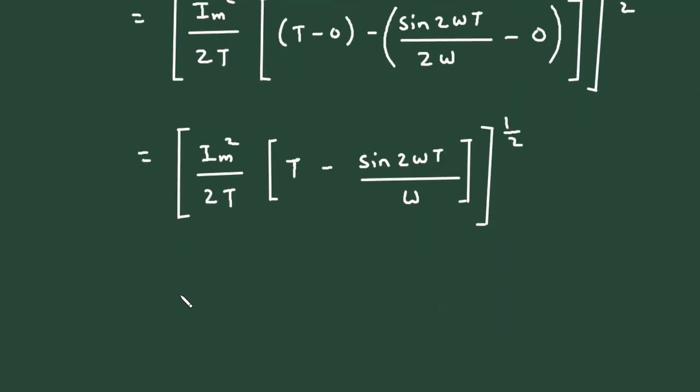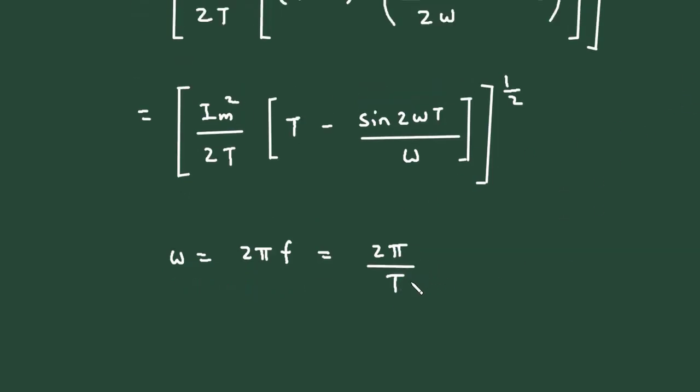Now we know that omega is equal to 2 pi f, and f is equal to 1 upon T. So omega is equal to 2 pi by T.